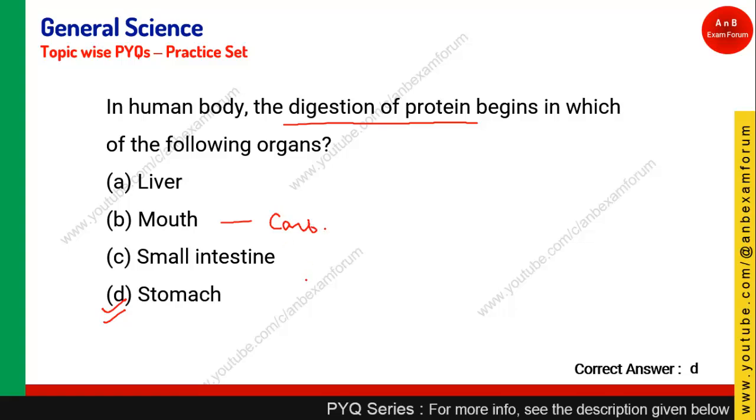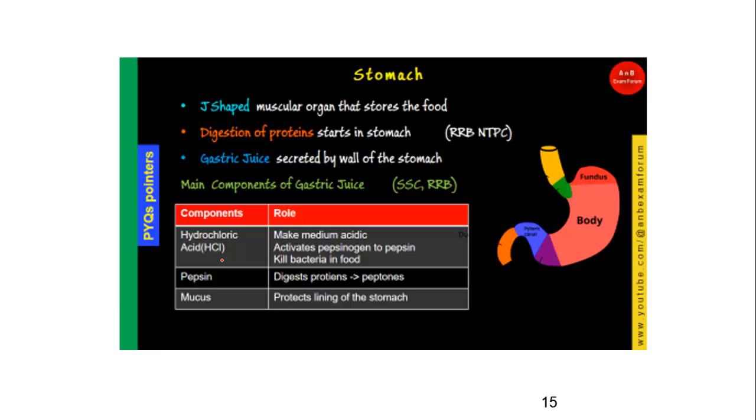And the complete digestion is going to happen in the small intestine. We have seen the stomach is a very important part. It is basically J shaped, and the main thing is that it is going to digest the protein.